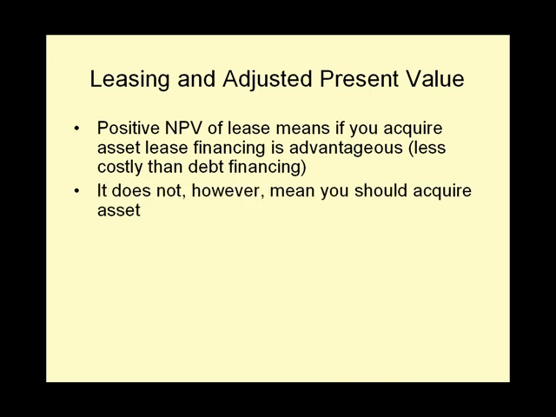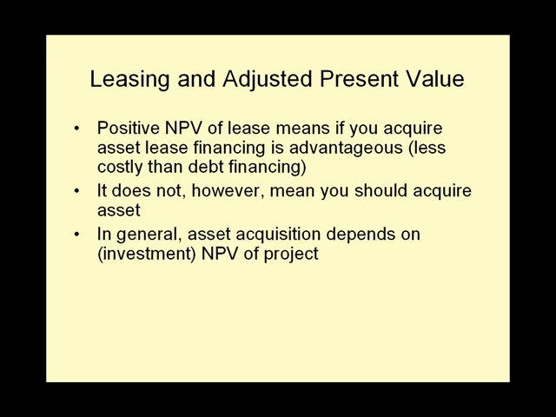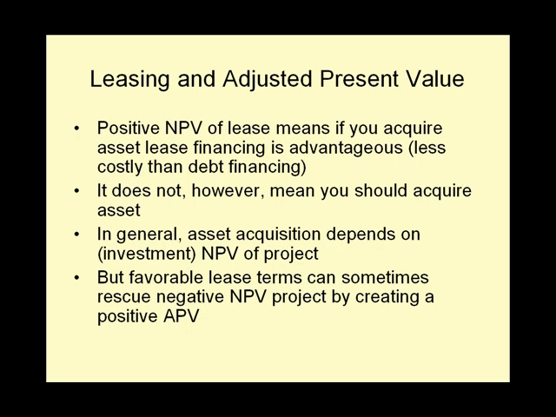But a positive NPV of a lease does not mean that you should acquire the asset. In general, the asset acquisition decision depends on the investment net present value of a project. But sometimes, if the investment NPV is negative, favorable lease terms can rescue the project by creating a positive adjusted present value.